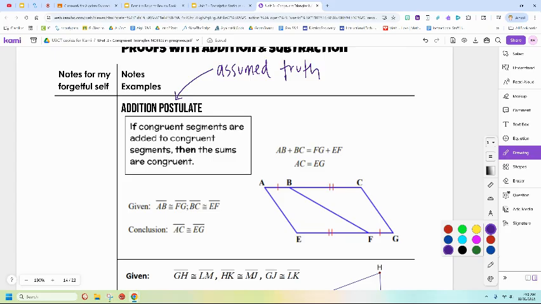It says if congruent segments are added to other congruent segments, then the sums are congruent. Let's look at how this occurs.